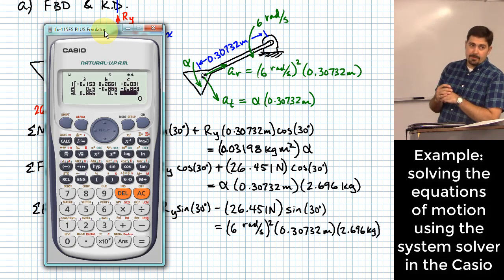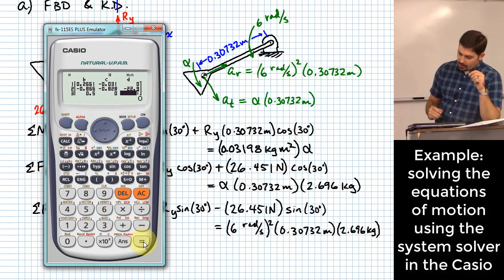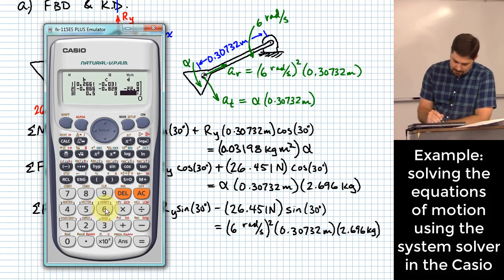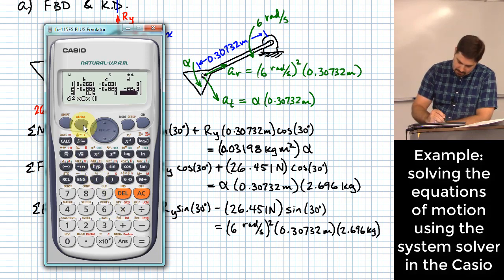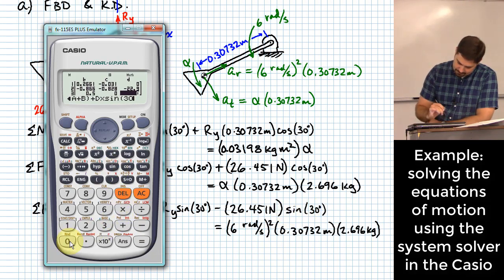No, we don't, so I just put 0 here. Now everything else is going to be on the right side of the expression. I'll start that with the 6 squared times what I have in C times the sum of A and B. To that I'm going to add what I have in D times the sine of 30 degrees.